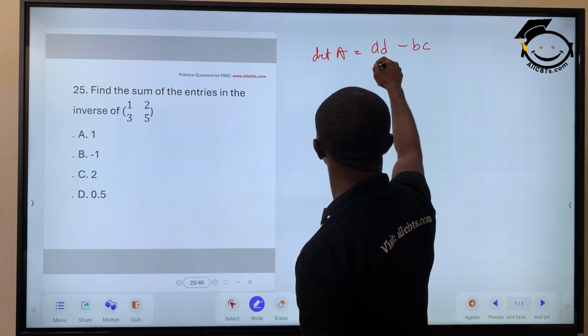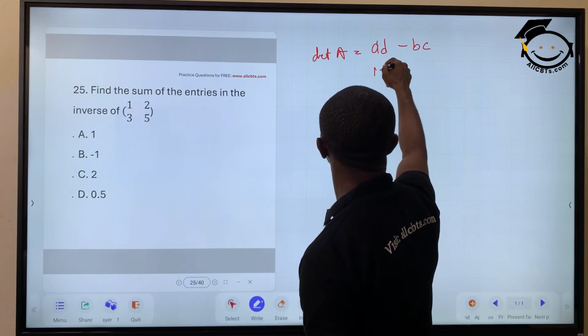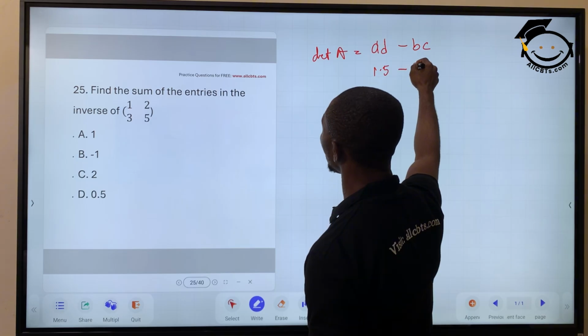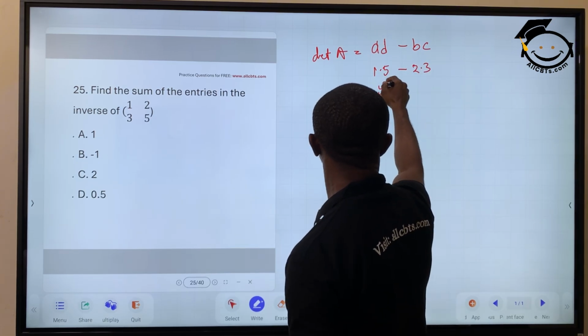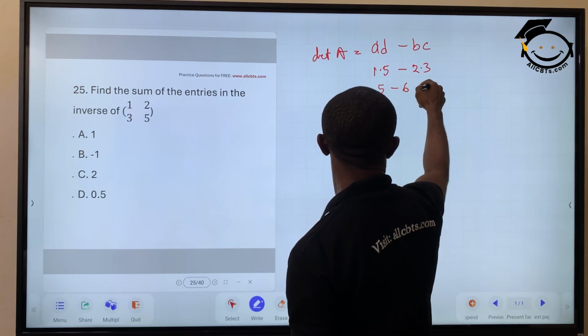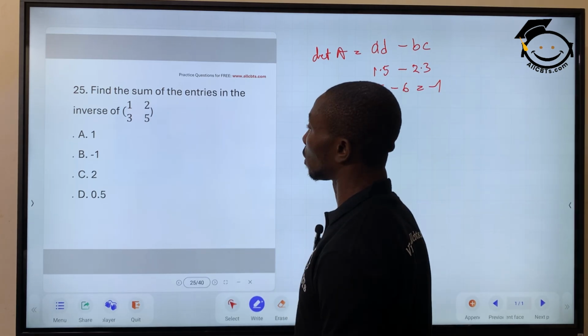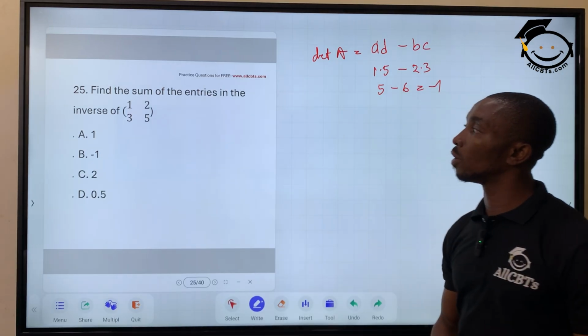Now our a is 1 times 5 minus 2 times 3. So 1 times 5 is 5, minus 6, which gives us minus 1. So our determinant is minus 1.